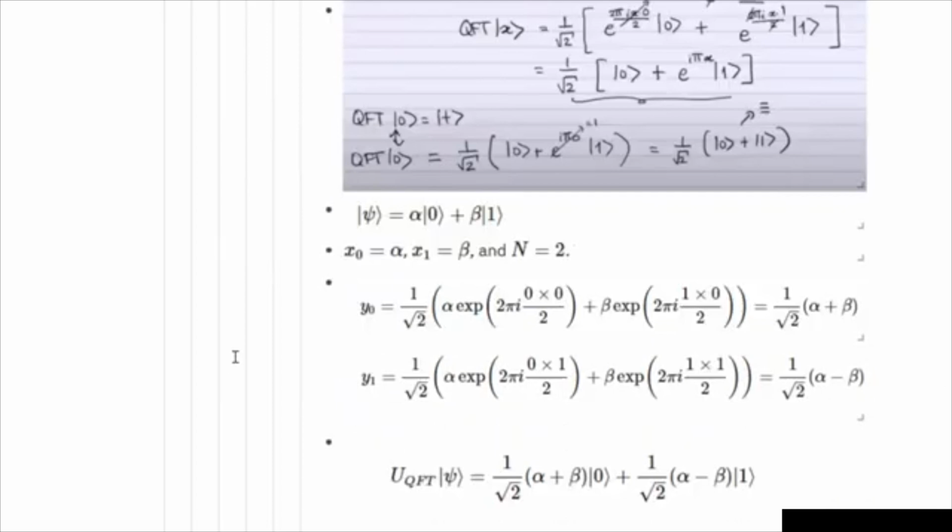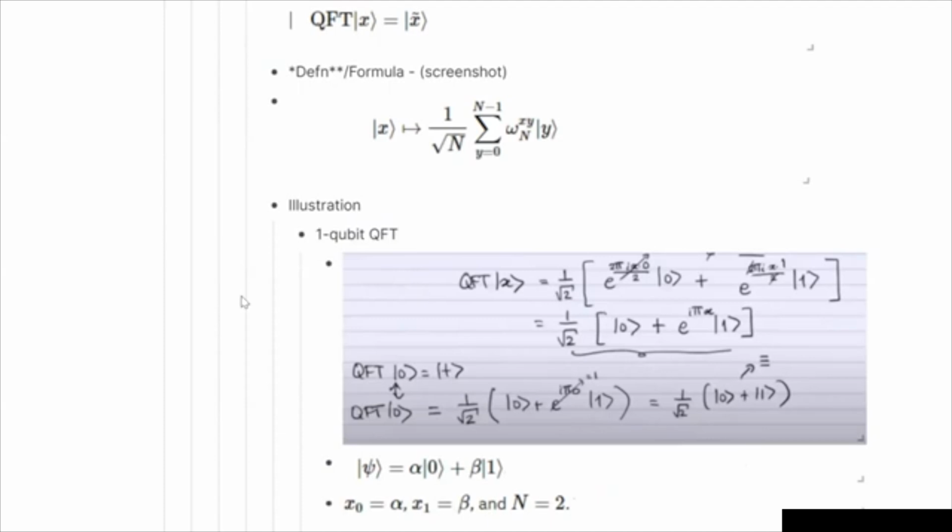Another way to look at this exact same thing is if you have a state alpha 0 plus beta 1. Here alpha squared is the probability of collapsing to 0, and beta squared is the probability of collapsing to 1. These are just measurement coefficients.